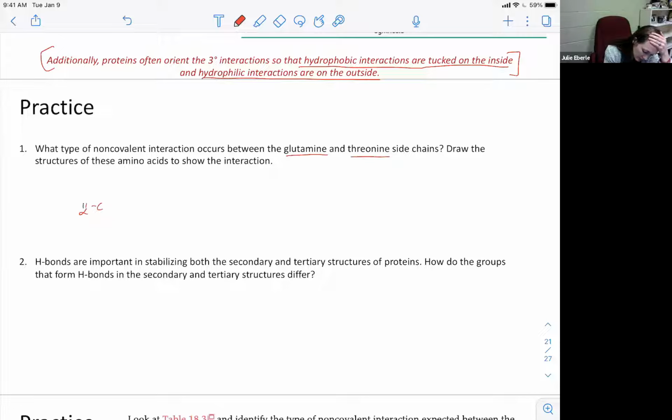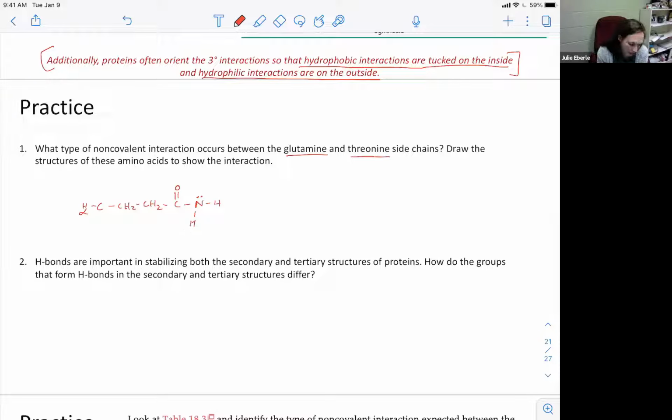It's got its hydrogen bonded to it. And I'm going to draw the side chain for glutamine. So we got a CH2 and we got a CH2. If you're wondering how do I know what glutamine looks like, go back and look at that table. I've got it right here on my laptop. And then this is the carbonyl carbon. And then we have an amide group that is part of glutamine. Okay, so this is glutamine.